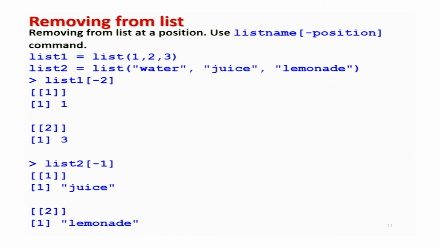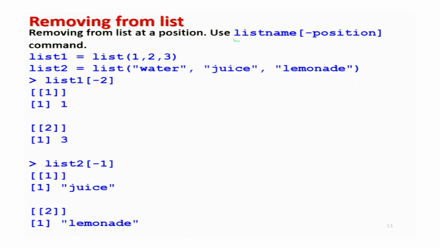So, similarly, I will give you one more operation: if you want to remove something from the list. Suppose you want to remove something, then you have to give what you want to remove and its location. To remove something at a given position, you use the command like this.